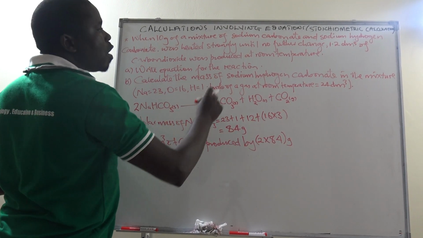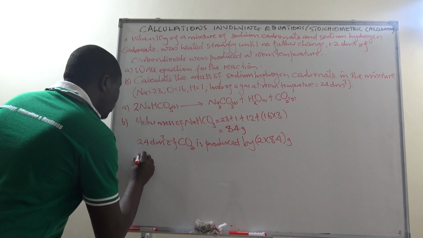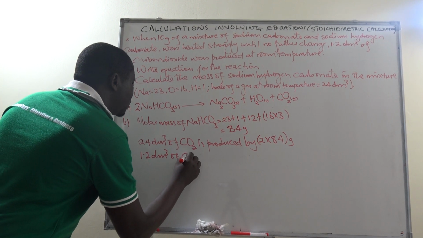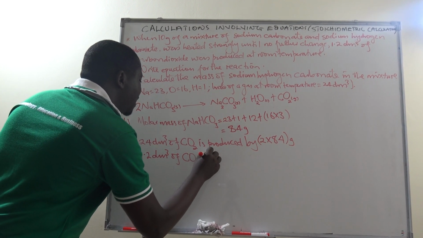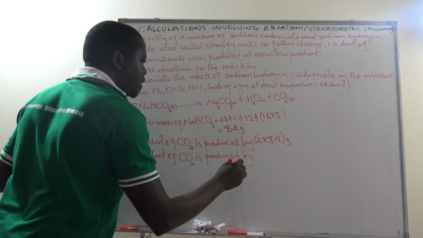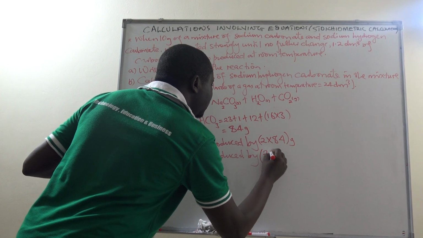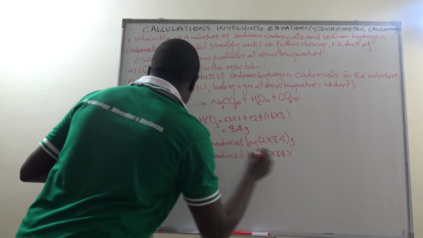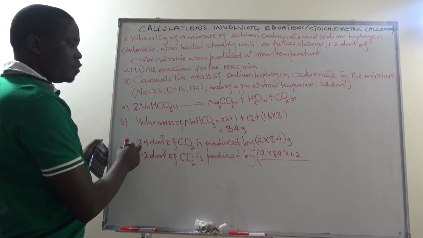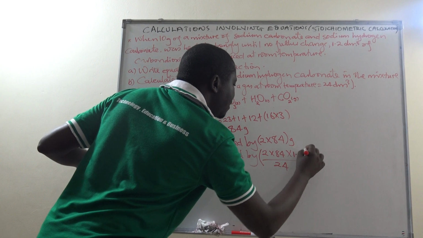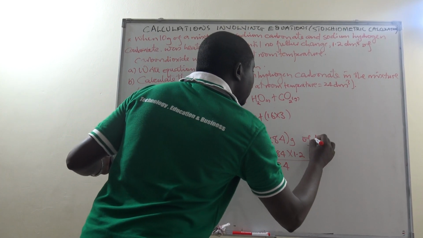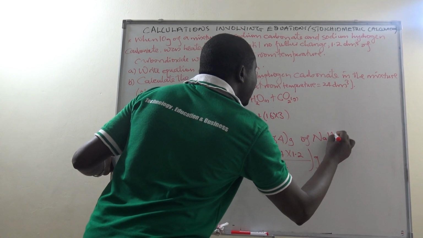And then what of the 1.2 cubic decimeters of carbon dioxide? This one is produced by, then we cross multiply 2 times 84 times 1.2, and we divide it by 24, and the unit remains grams of sodium hydrogen carbonate.